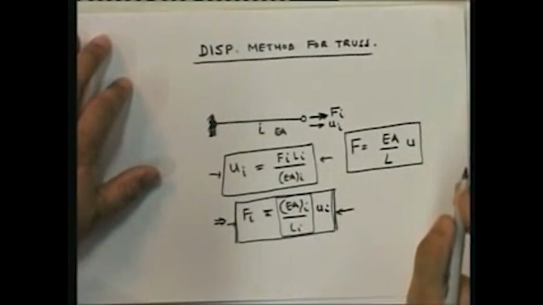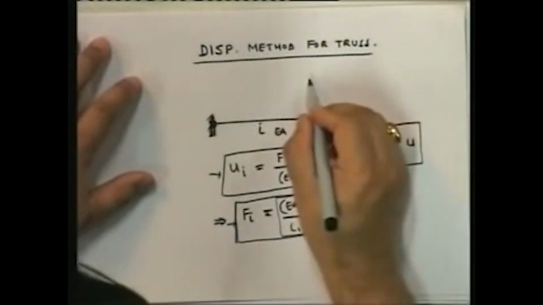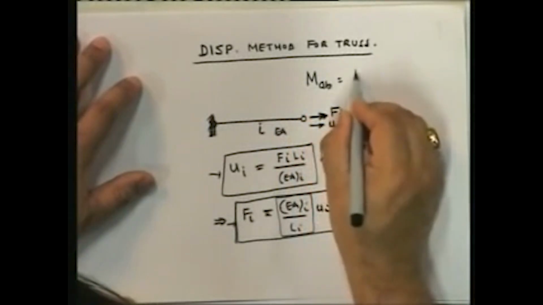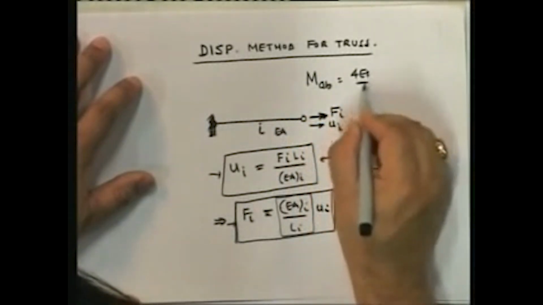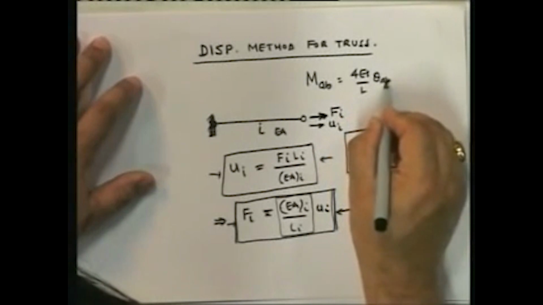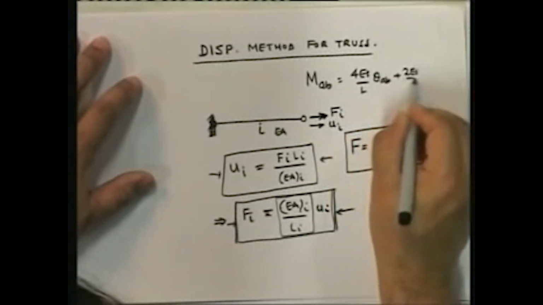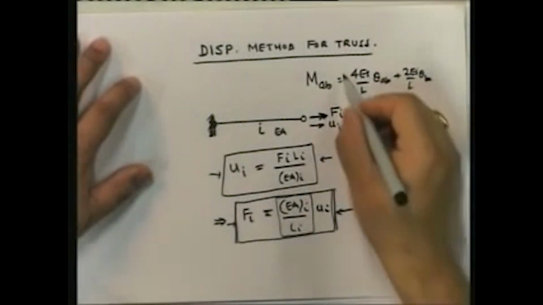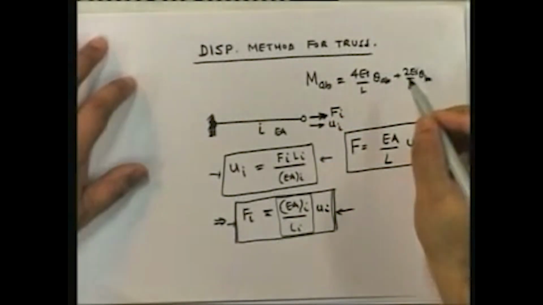Note, what was it for a flexure? It was MAB is equal to 4EI upon L theta AB plus 2EI by L theta BA. Of course, in a flexural member, you may have member loads, and that's why you have the fixed end moments, etc. In this case, you normally don't have that, and therefore you do not have this aspect.